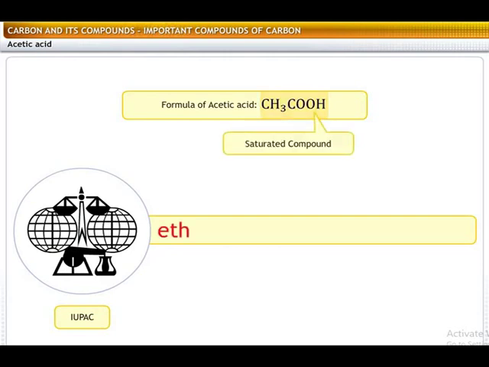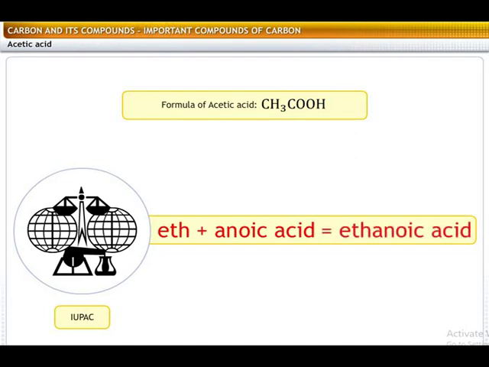As it is a saturated compound, it is given the suffix -ane. However, due to the presence of the functional group COOH, a secondary suffix, oic acid, is added instead of e. Therefore, the IUPAC name for acetic acid is written as ethanoic acid.